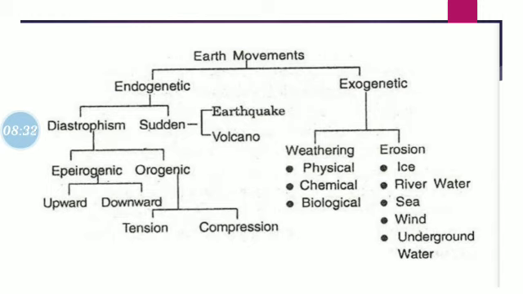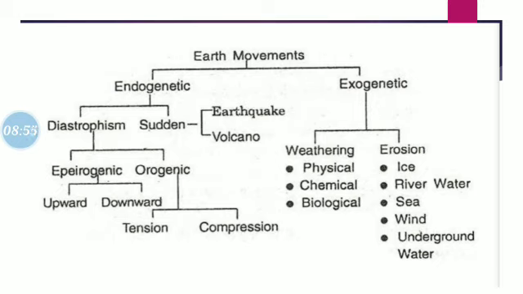Diastrophism. It is one type of endogenetic movement. Diastrophism means the process of deformation of the earth's crust, which involves folding and faulting. Another type of endogenetic movement is sudden movements. In that, earthquake and volcanoes, we have seen it.